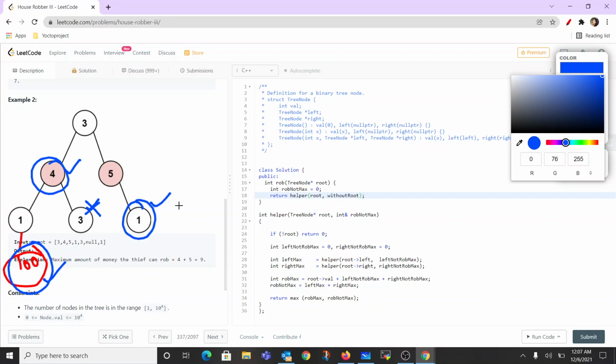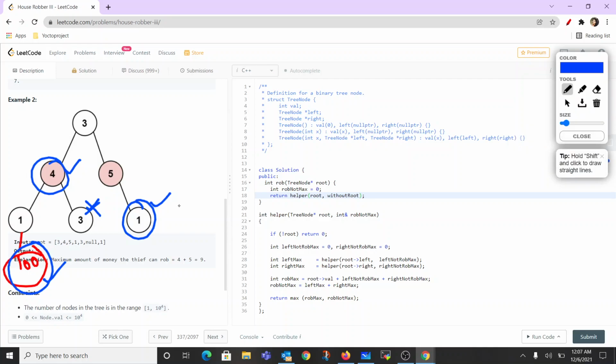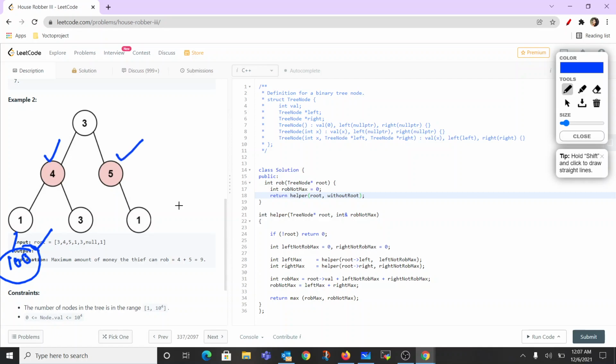So this could be our answer because here 3 is linked with 4, but rather than 1, 5 could be taken here. So our answer could be: if we are given this 100, then 100 would be chosen, 4, and then 5.